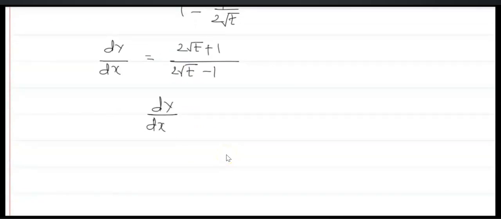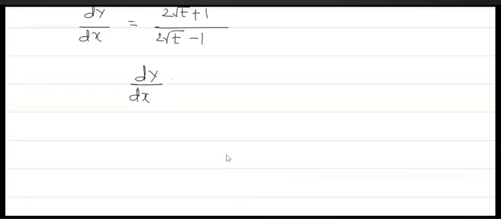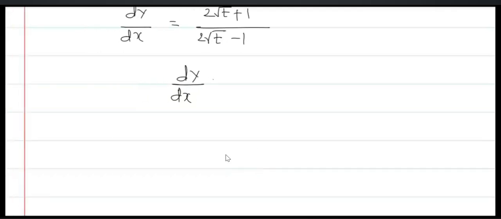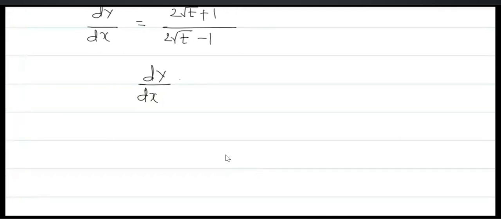And that's why dy by dx is equal to 2 root t plus 1 upon 2 root t minus 1.